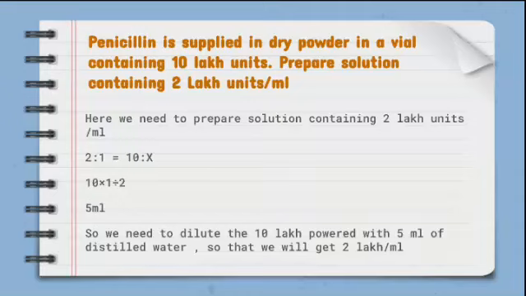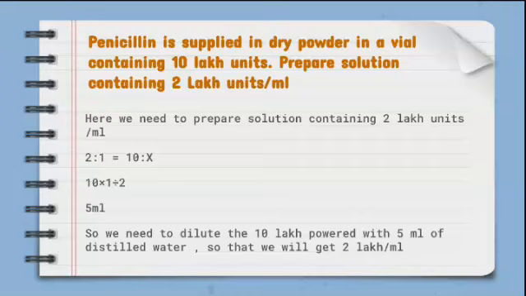So you keep 2 is to 1 on one side and 10 is to x on the other. If you keep the x on one side and bring the 10 here, that is 10 into 1 divided by 2. So 2 by 1 is equal to 10 by x, and you will get 10 into 1 divided by 2, that is 5 ml.